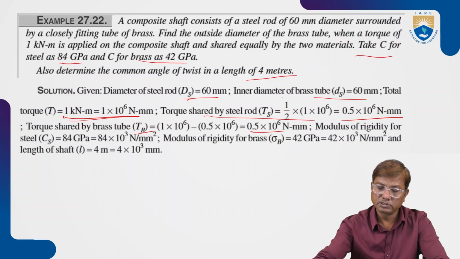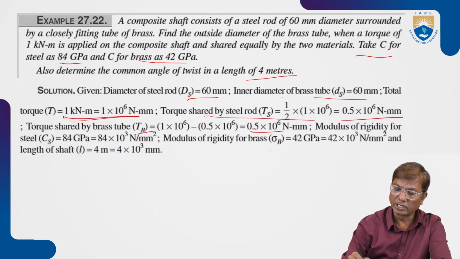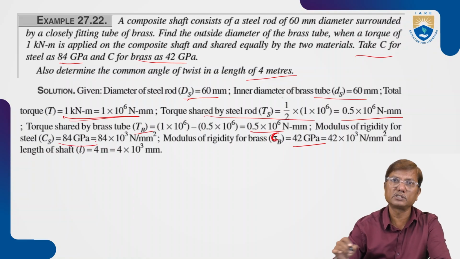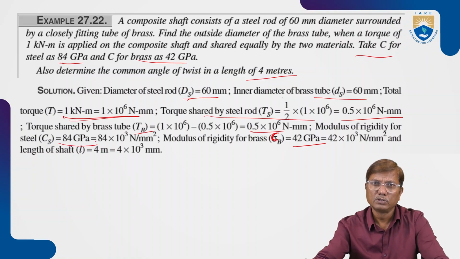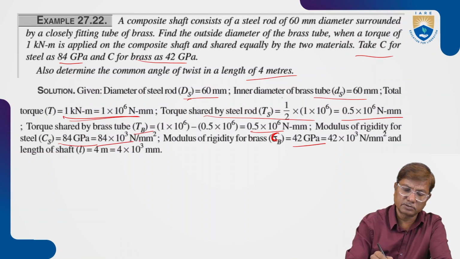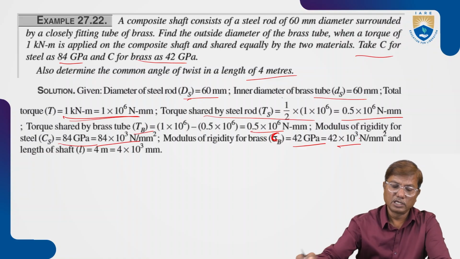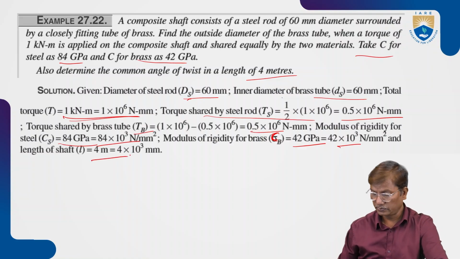Modulus of rigidity for brass is given, that is C. This is not sigma. CB is 42 and that for steel is 84 gigapascals, converted into megapascals multiplying by 1000. And length of shaft is 4 meters.